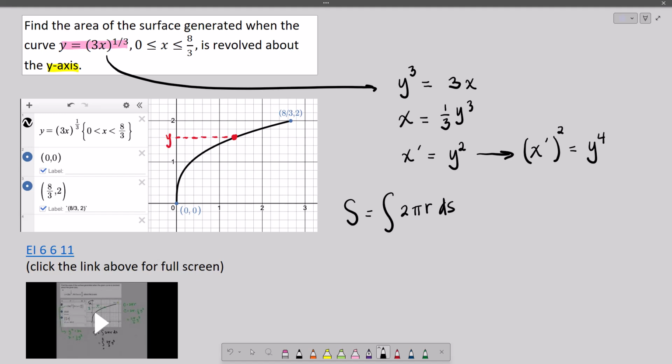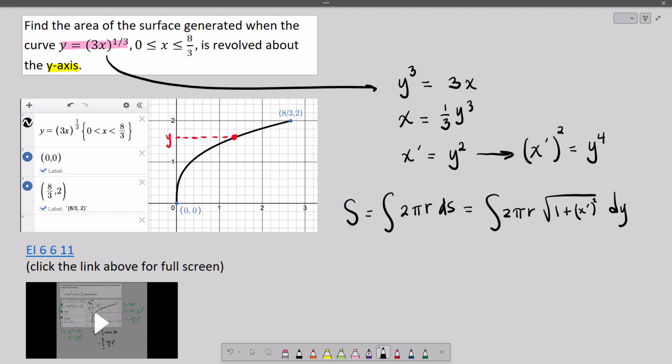We don't have a tape measure that's bent on the curve measuring an arc length this way, so we can't use the ds. We have to convert it to either dx or dy. We're choosing to change it to a dy. So our generic formula, our choice here, is that we could change this to a dy or a dx. We're choosing to write it as a dy.